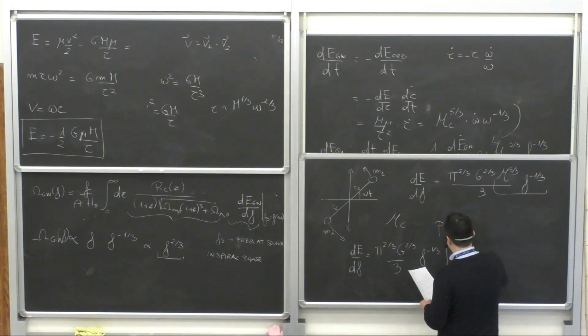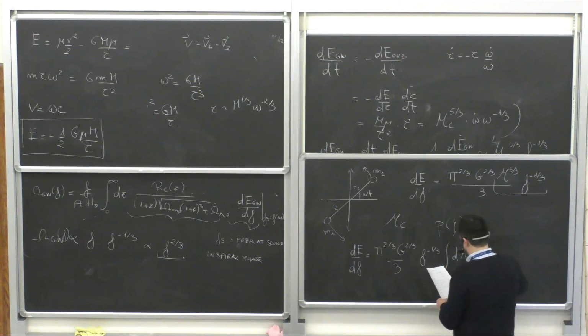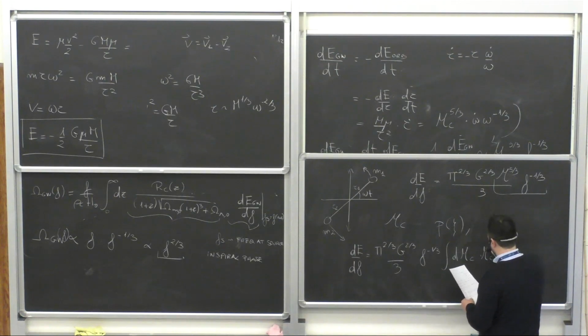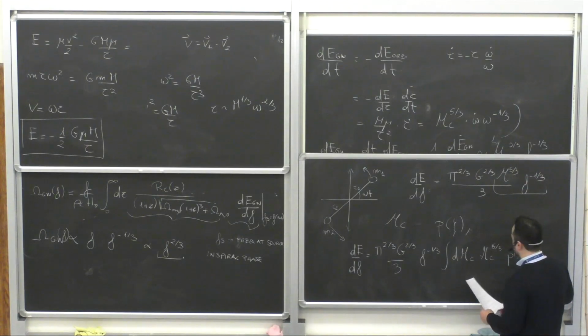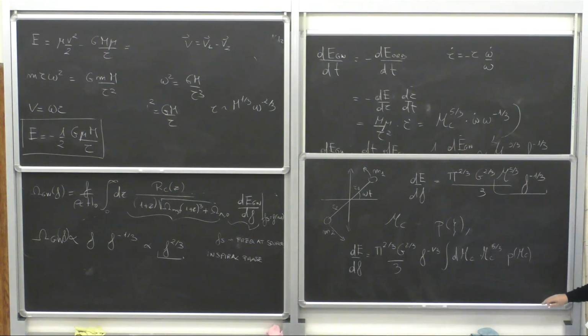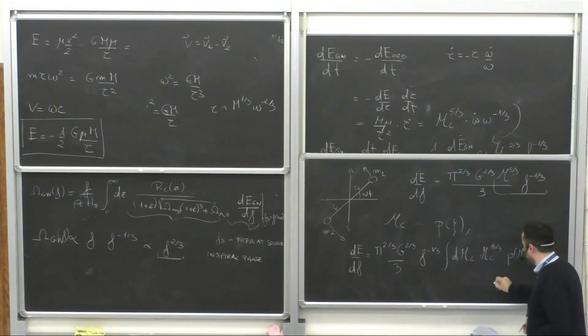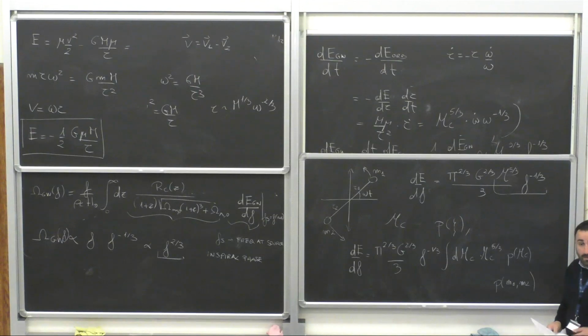Of course, you have some information, for instance, assume that you want to consider a distribution on the chirp mass or on the masses of the two objects, okay? Yes.